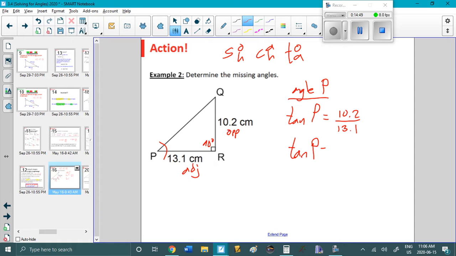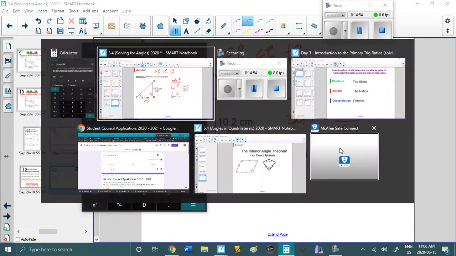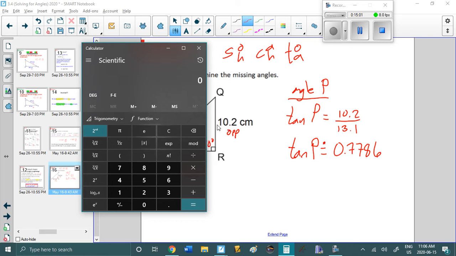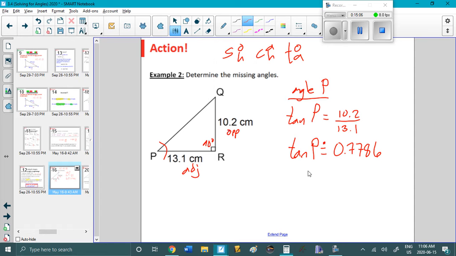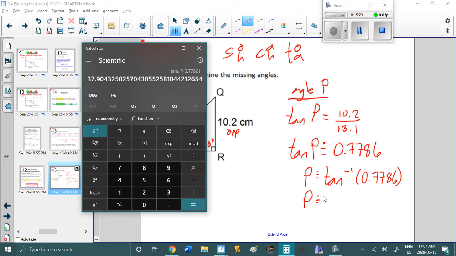Tan P equals 0.7786, and obviously I've rounded, so I'll put my dot here. Now P is going to be inverse tan of 0.7786, approximately, because we rounded. Now I go to the calculator and I do second tan. And again, I get about 38 degrees.